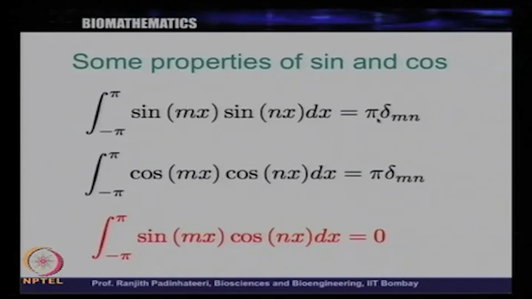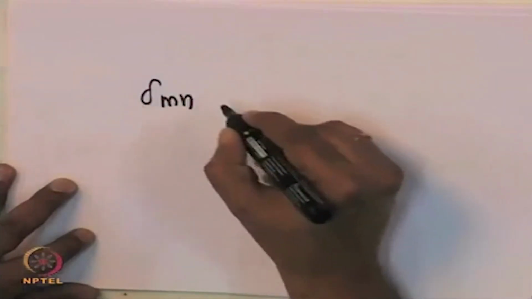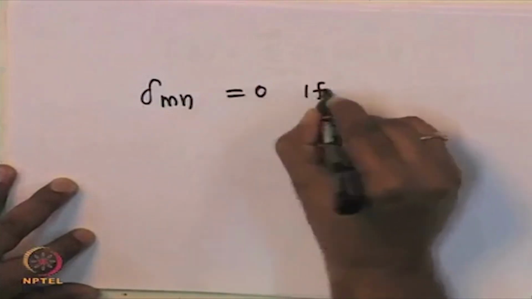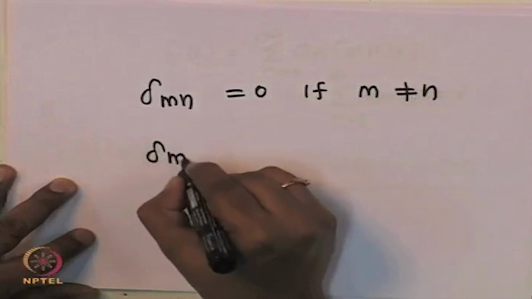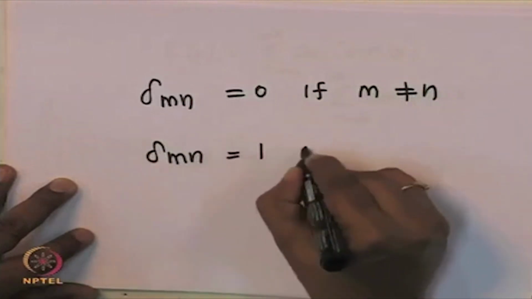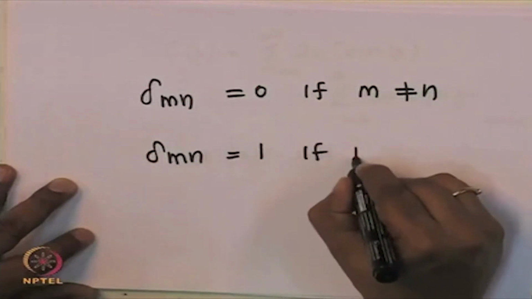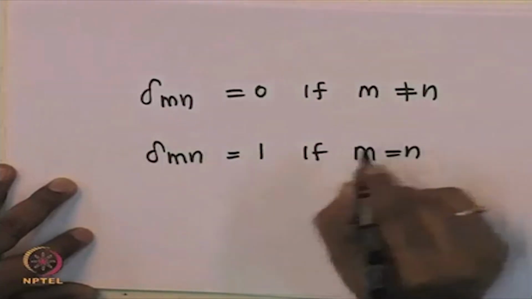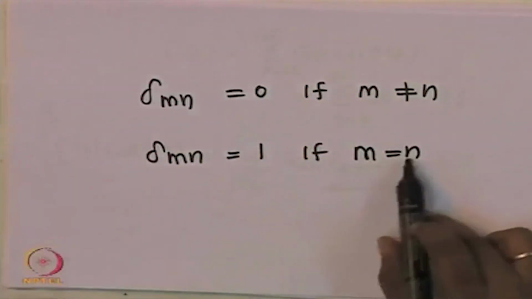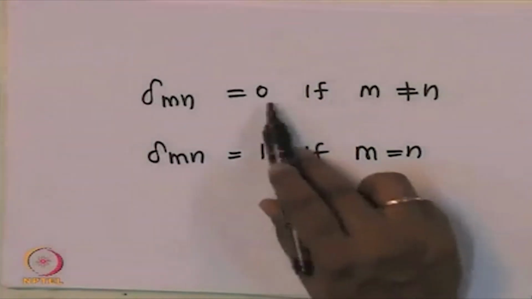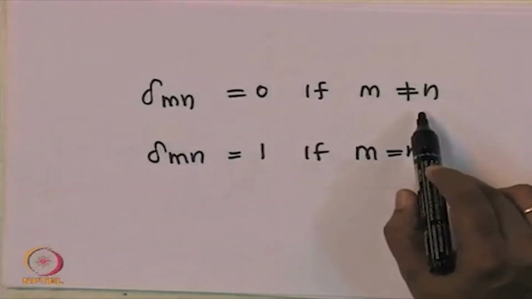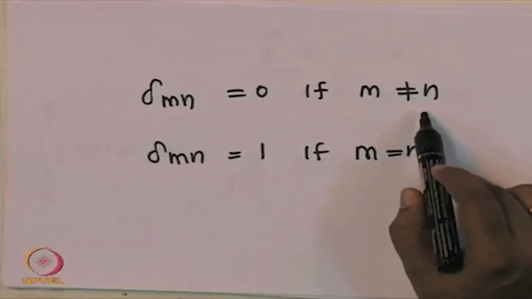Delta m n is called the Kronecker delta. Delta m n is 0 if m is not equal to n, and delta m n is 1 if m is equal to n. So, if m and n are equal, you get 1. If m and n are not equal, you get 0.